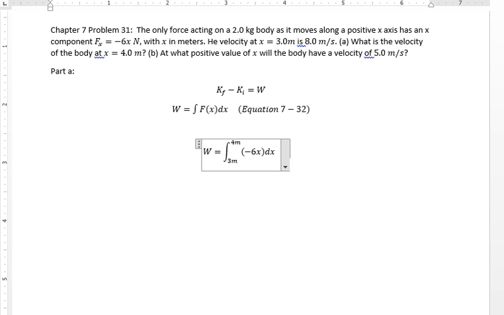We've got newtons in there, and since the force is in newtons, the 6 must have a unit of 1 over meters. So we're not going to worry about units until the end here. The integral of x dx is 1/2 x squared. So this is minus 6 times 1/2 x squared, evaluated from 3 meters to 4 meters.